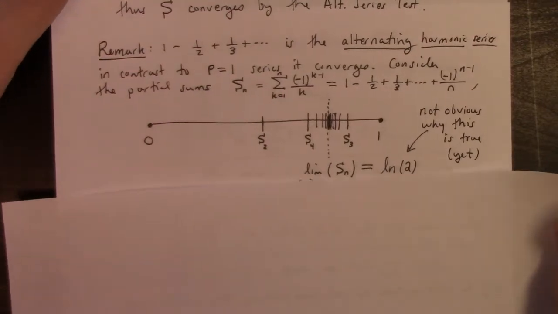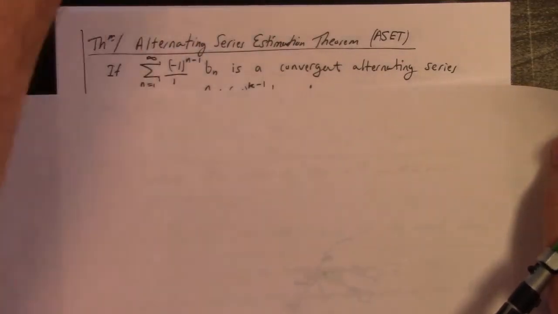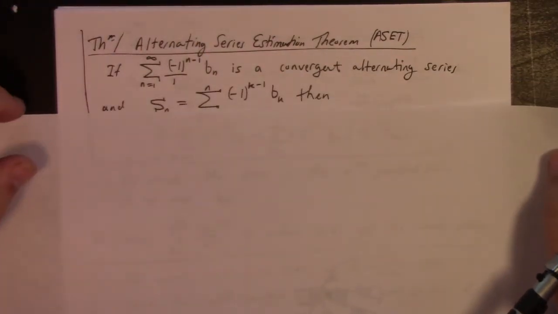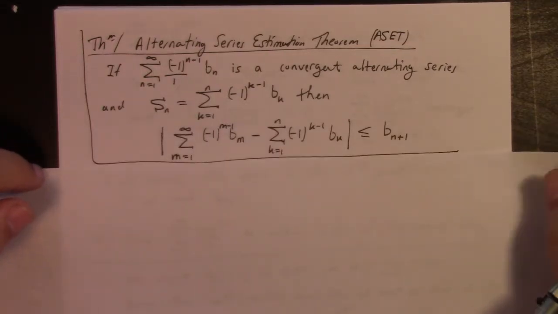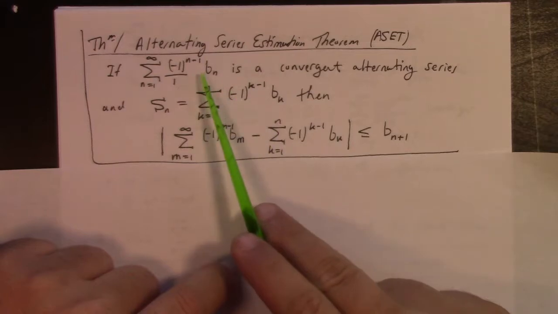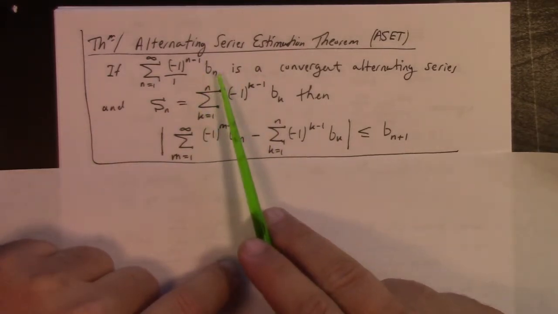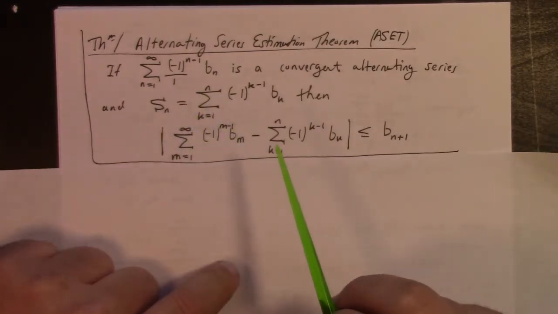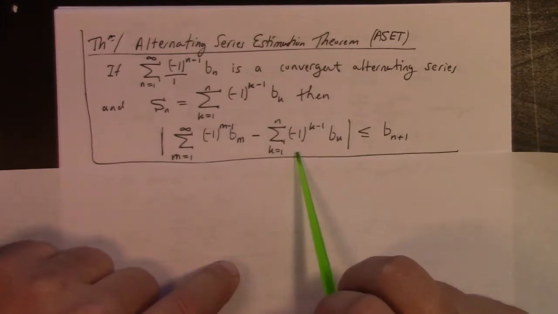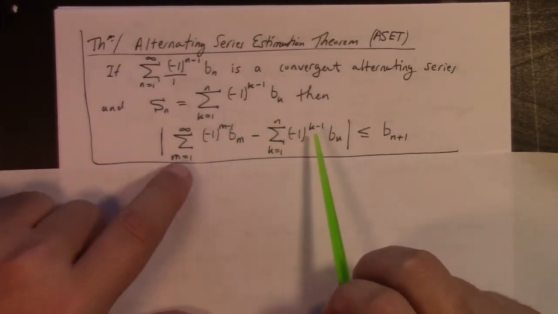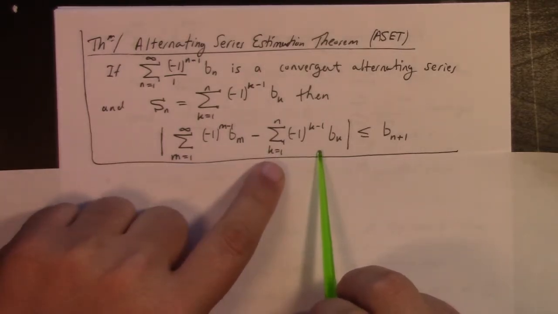Turns out for alternating series we have a really beautiful estimation theorem. Oh look, what do you know? That's up next. So the alternating series estimation theorem, or ASET, says the following. It says if you have a convergent alternating series, like so, and you want to estimate the series with the nth partial sum, then if you take the full series minus the nth partial sum, that is the error, the difference between the full series and the nth partial sum of this alternating series.